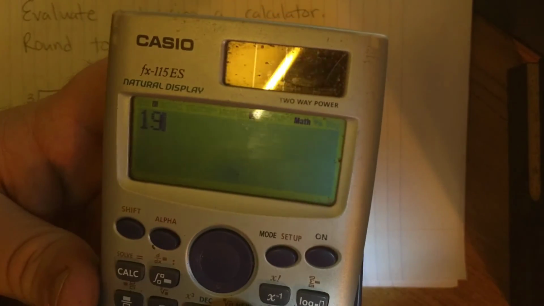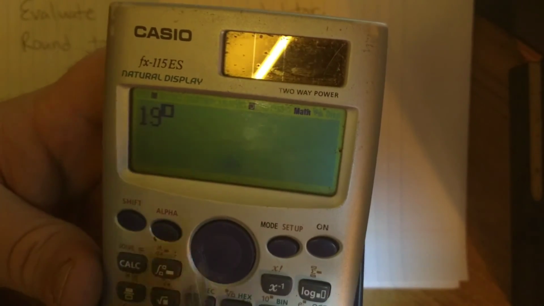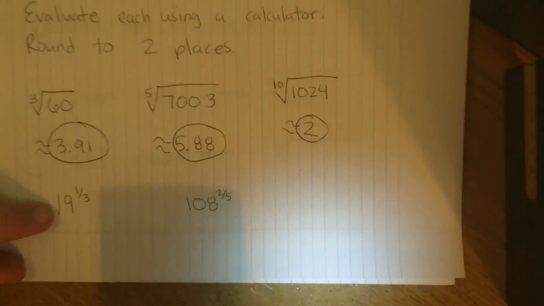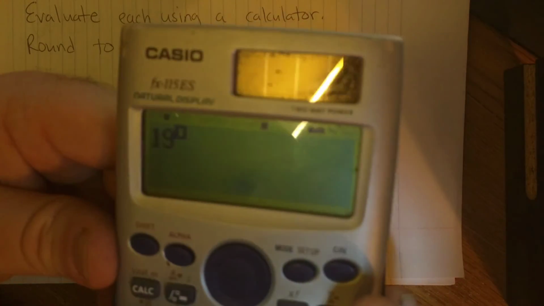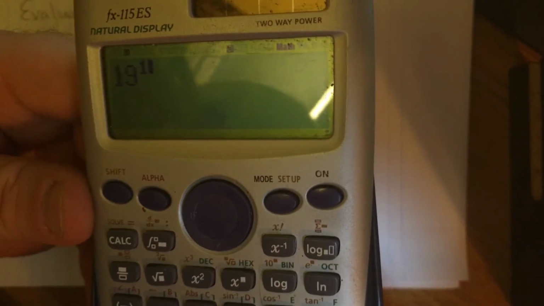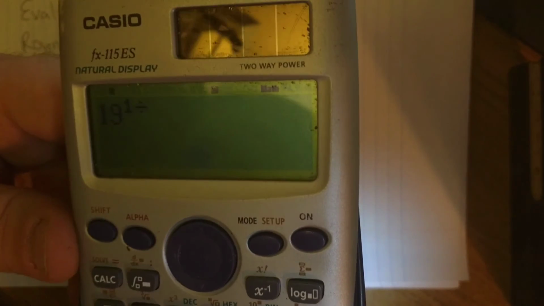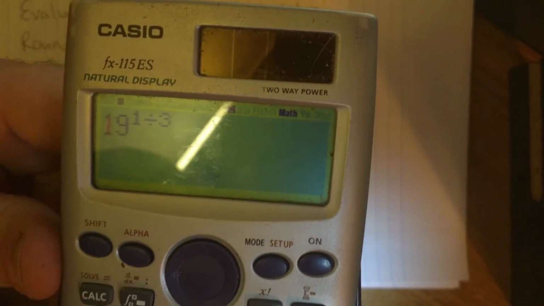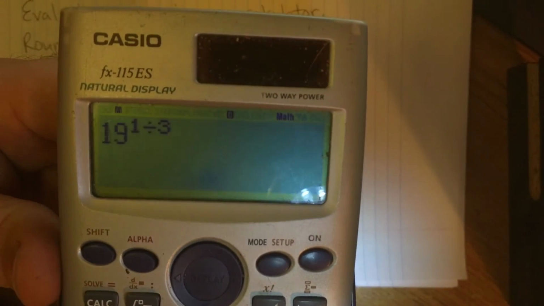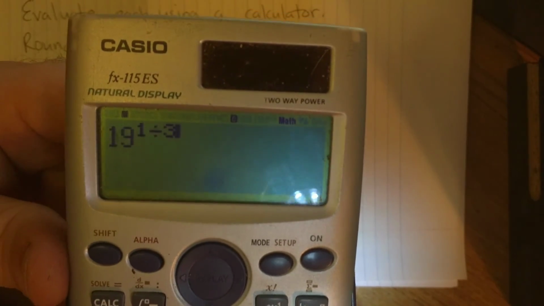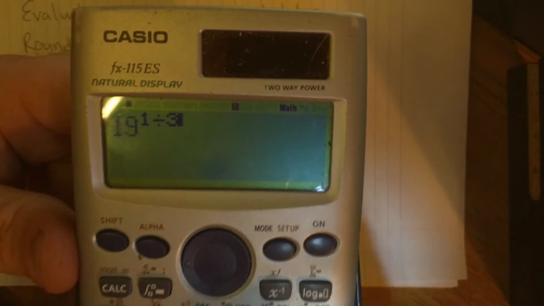When I go to do that, watch what happens on my screen. It puts a box for my exponent. Now I'm doing 19 to the 1/3 power. So when I go to type it in, I'm going to type that as 1 divided by 3. And notice that it's on top. So it's 19 raised to the power of 1 divided by 3.